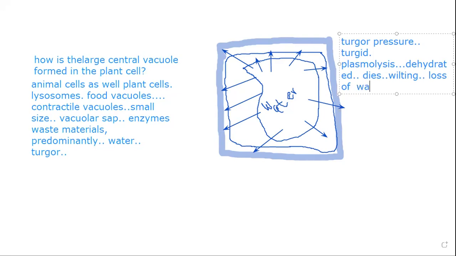Due to loss of water, most of the body is going to lose water and it is going to evaporate, due to which the plant is going to be dehydrated. And if this dehydration is uncontrolled, then it can lead to wilting. It can lead to death of the plant.